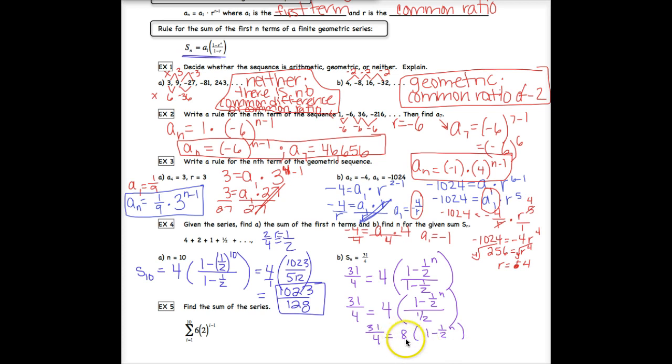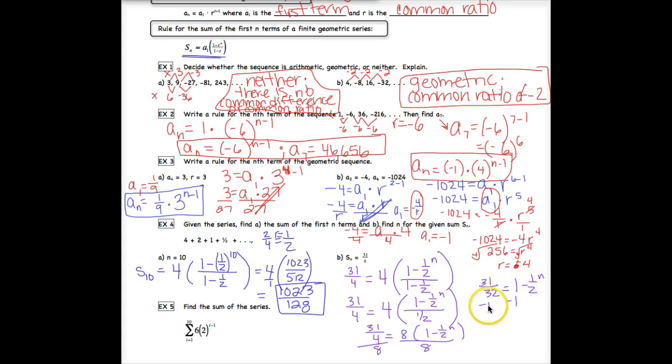Now I'm going to divide both sides by 8. Dividing by 8 is the same as multiplying by 1/8. So 31 over 4 times 1 over 8, I'm going to get 31 over 32 equals 1 minus 1/2 to the n. So subtract 1, subtract 1.